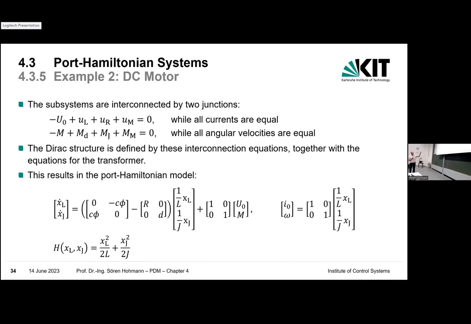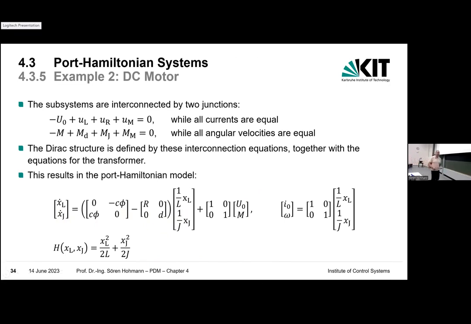So this is somehow different, but you get additional structure here. First of all, you see again an input variable. You see the states over here. You see the derivatives of the states, and here you see the matrix A.